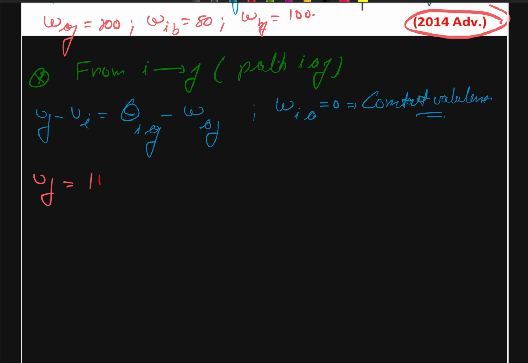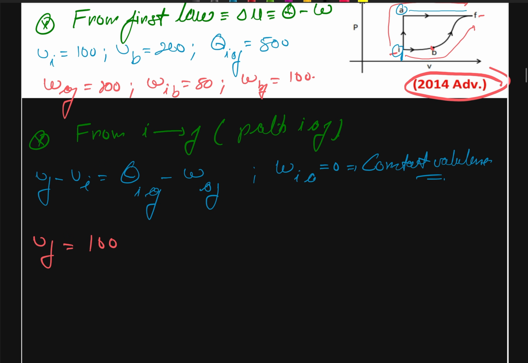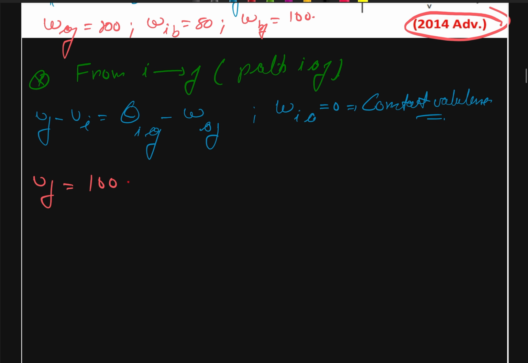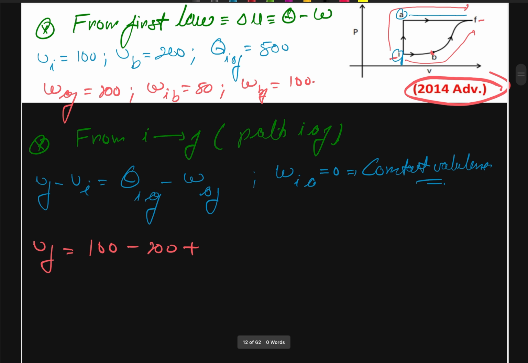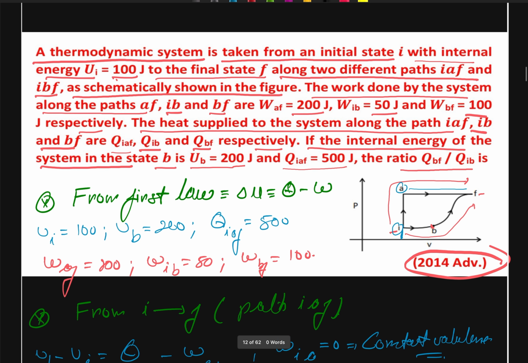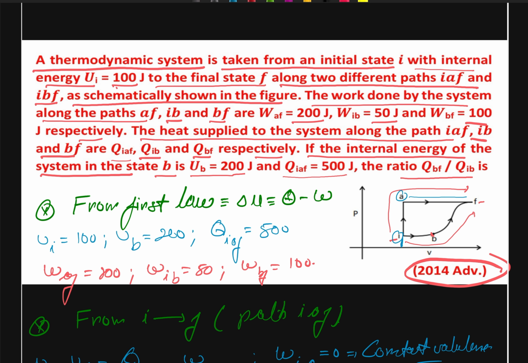WAF is 200, WIB is 50, WBF is 100, UI is 100, UB is 200, and QIAF is 500.